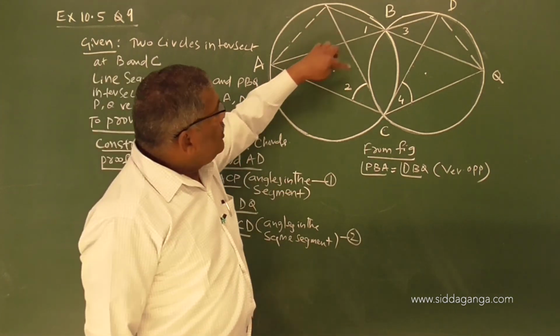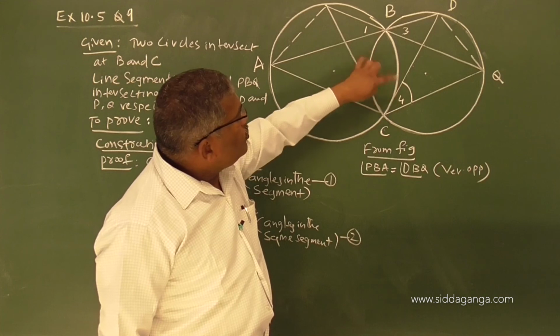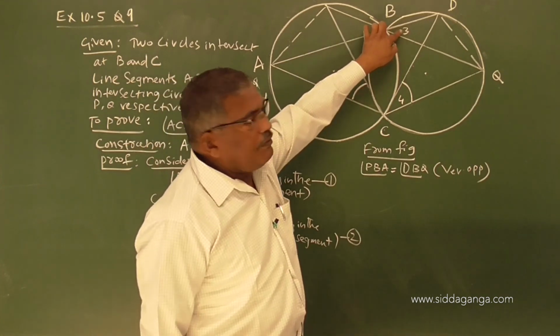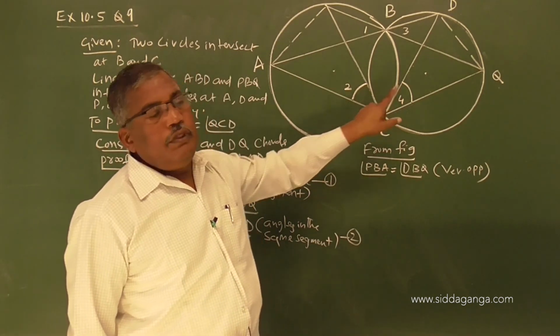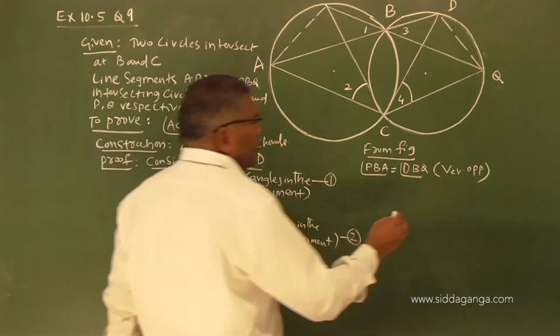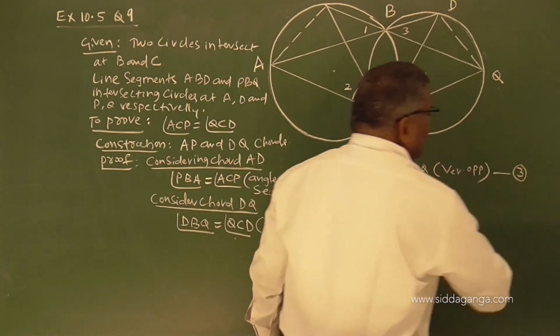See, 1 is equal to 2, 3 is equal to 4, and also we have proved 1 is equal to 3. So therefore 2 is equal to 4. So that is the logic. I will call this 3.